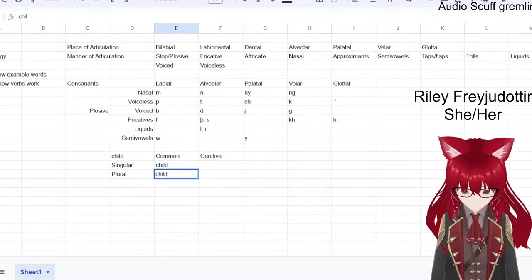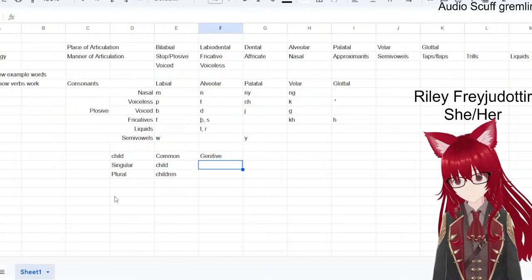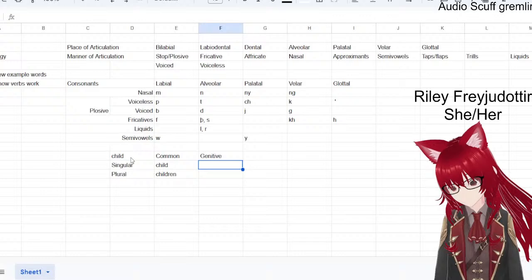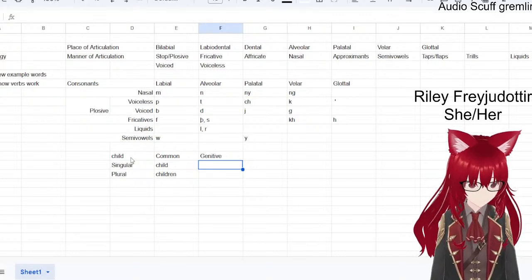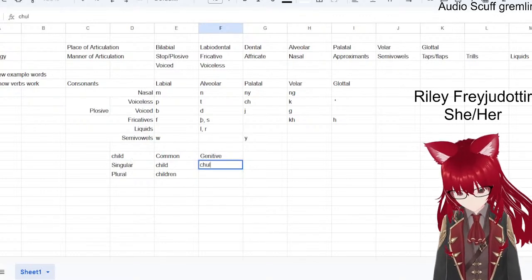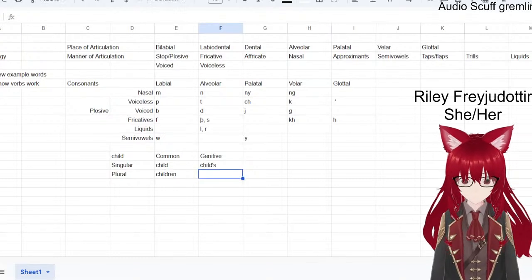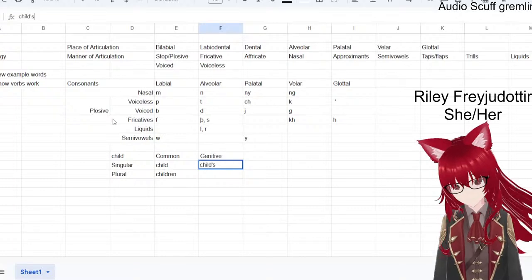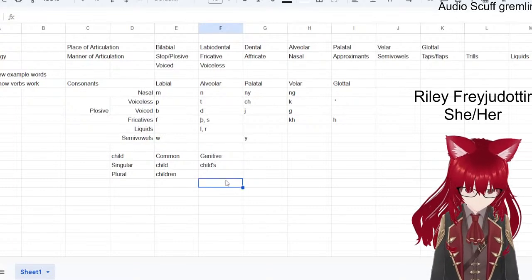Plural form, children. Genitive form, that's in English grammar also known as the possessive. So child's. Now in English, it's marked with an apostrophe s, but the apostrophe doesn't actually make a sound.